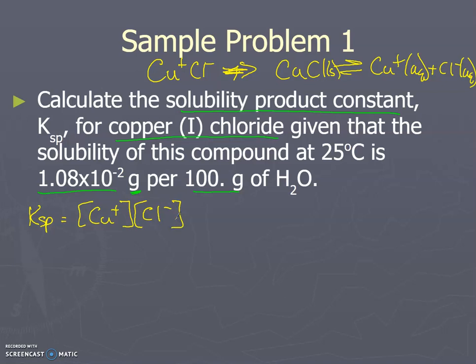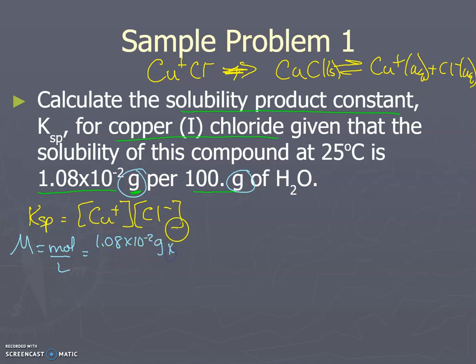Well, first things first, we have to figure out what the KSP is. We need to figure out what the molarity is. That's right. Molarity is moles per liter. We have grams per grams. So 1.08 times 10 to the negative second grams.